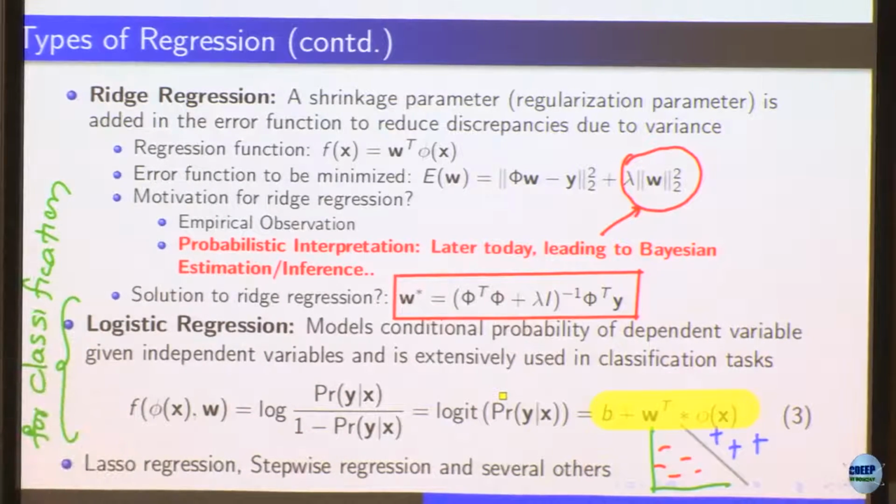That is called the logit function. Logit p is p divided by 1 minus p, that's it. So if this turns out to be the linear function, then you are able to deal with classification as well.